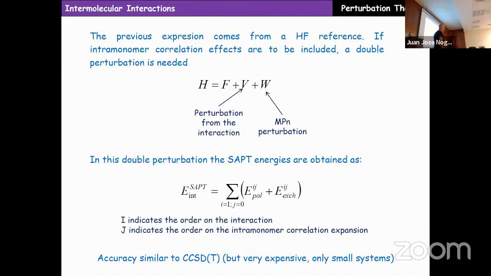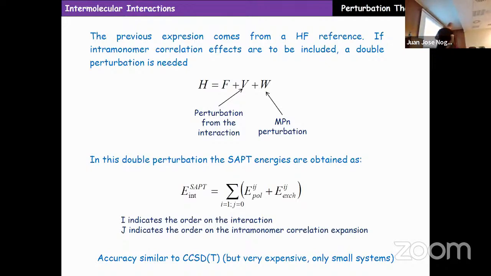Because my perturbation theory allows me to couple the excitations in the different monomers, in the different molecules. So this is correlation. This is long range correlation. So I am including long range correlation because of my perturbation scheme, but I'm not including intramolecular electron correlation because the reference wave functions are obtained at Hartree-Fock level. So I have to correct the effect of intramolecular correlation in the method.